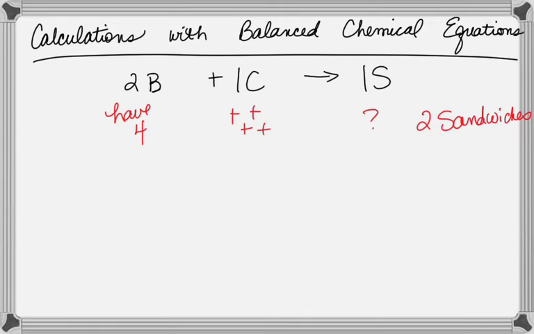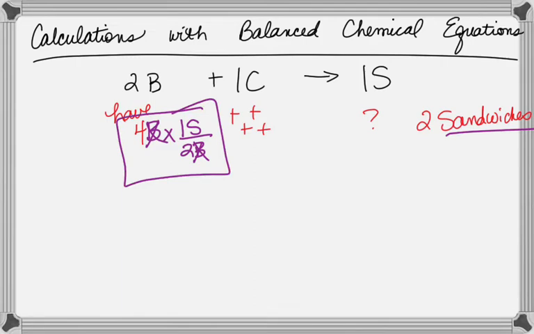And you're not thinking through it this much because it doesn't require that much thought. But you're using this ratio that I'll make 1 sandwich for every 2 breads. So when I say you have 4 breads, you're considering the ratio from this balanced equation. I'll make 1 sandwich for every 2 breads. See how the breads will cancel, and I'm left with my answer in sandwiches. And this math, 4 times 1 over 2, gives you the answer of 2.